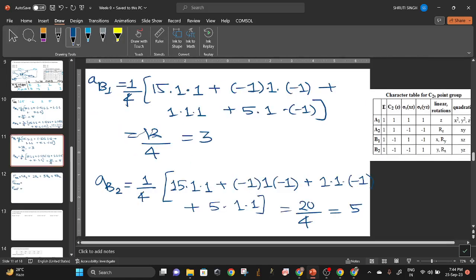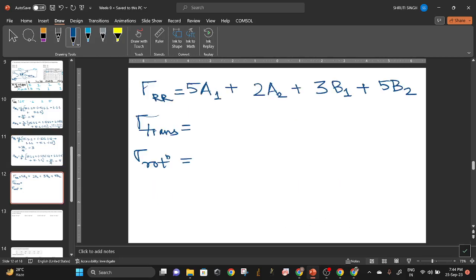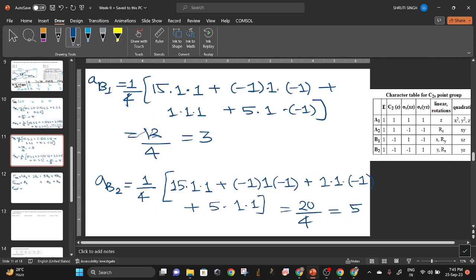Now translation is X, Y, Z. So A1, B1, B2. Okay.